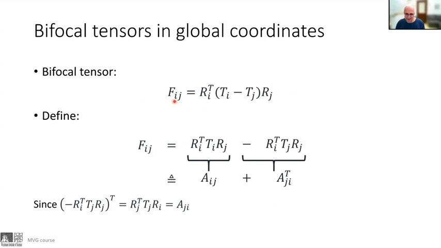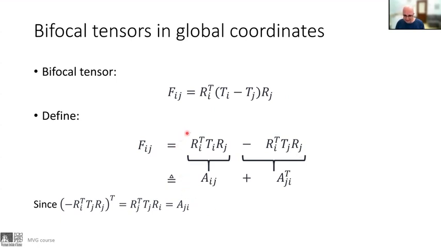And I'm saying generically, both for calibrated essential matrix and uncalibrated fundamental matrix. Simply the difference is whether R is a rotation matrix or a general linear transformation. So we have that Fij is this expression. And if I open it, it's Ri transpose Ti Rj, which is written here, minus Ri transpose Tj Rj.